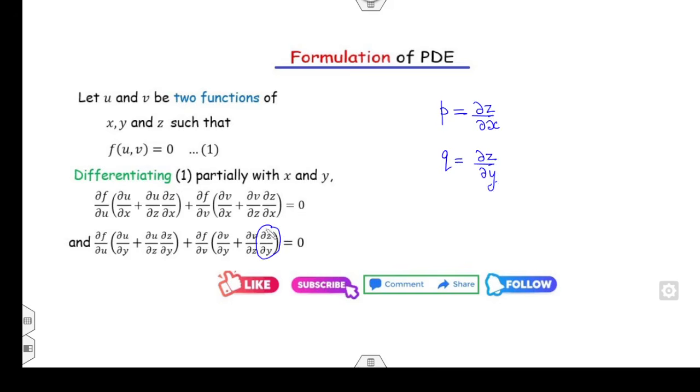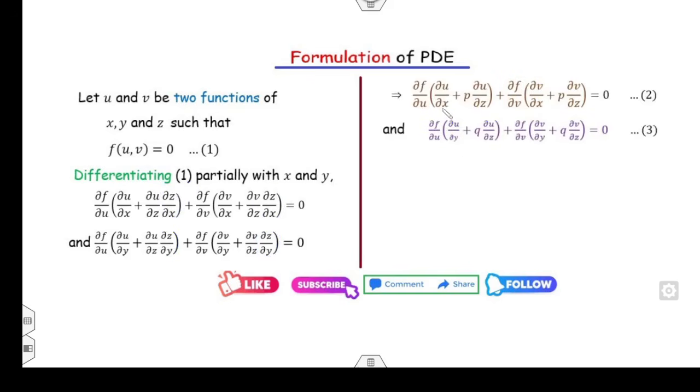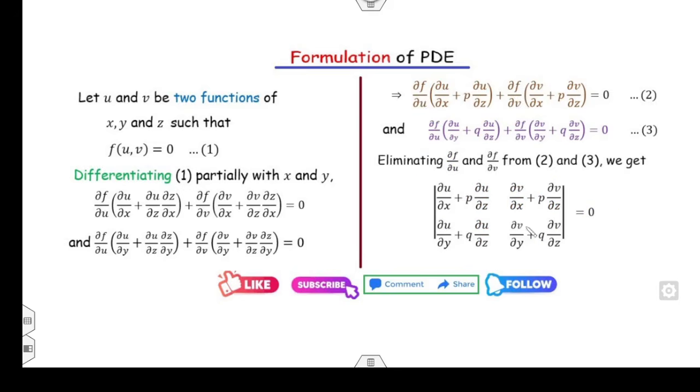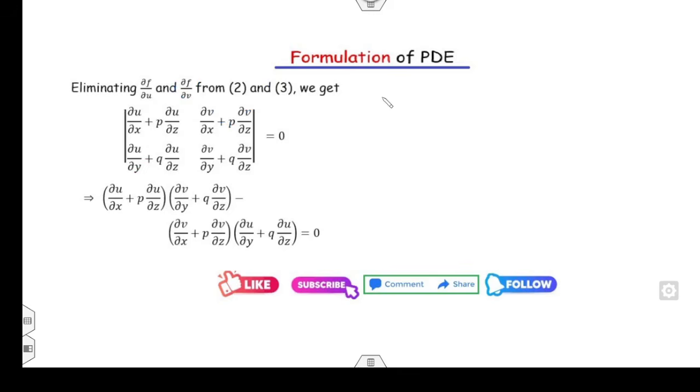I can substitute the value of Q in these two expressions and the value of P in these two expressions. Now your target is to eliminate del f by del u and del f by del v. So for that, we will take the determinant to be 0. You can expand these determinants, and after expanding you can open the bracket: del f by del x into del v by del y plus q into del u by del x into del v by del z plus and so on.